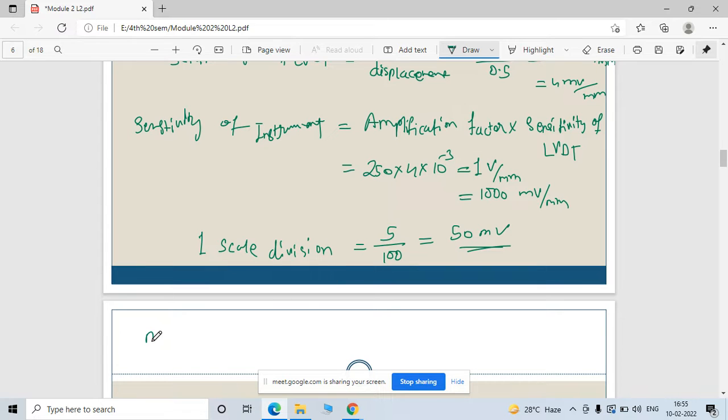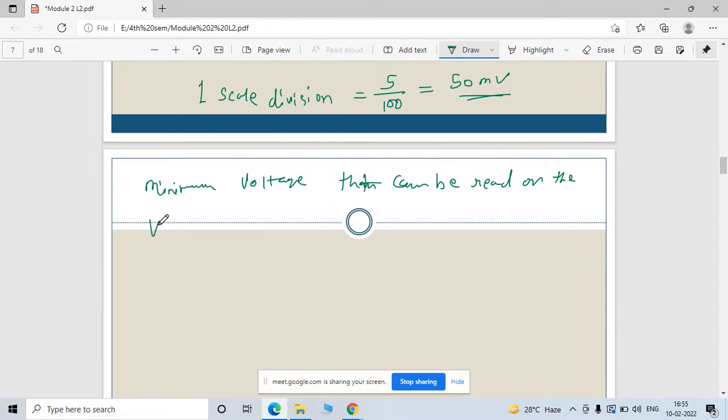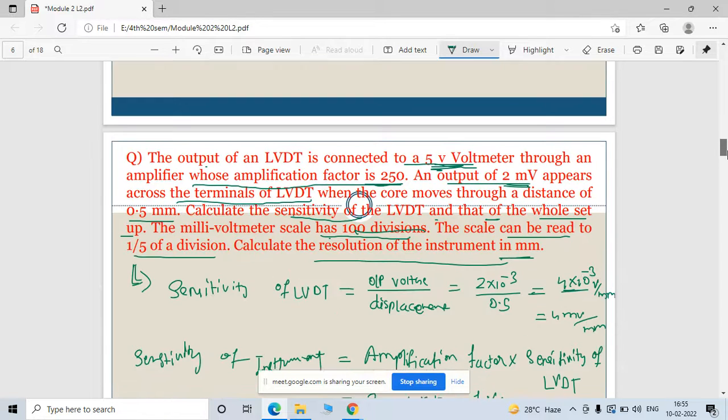Now the minimum voltage that can be read on the voltmeter is nothing but, how much was the scale, one fifth, right? One fifth of a division. The scale can be read to one fifth of the division.